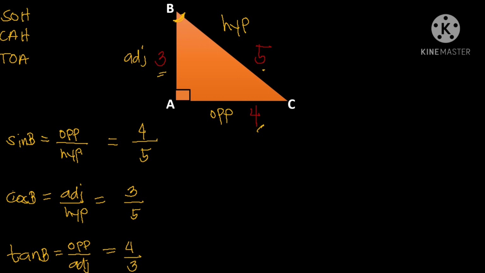Pwede na natin idiretso yung cosecant B. That is equal to, kabaliktaran lang ng sin B, so you have 5 over 4. Then, we have secant B. That is equal to, yung kabaliktaran ng cosine, which is 5 over 3. And then, cotangent natin, or cot B, is equal to, kabaliktaran ng tangent. So, kung ang tangent B natin ay 4 over 3, ang cotangent natin ay 3 over 4.